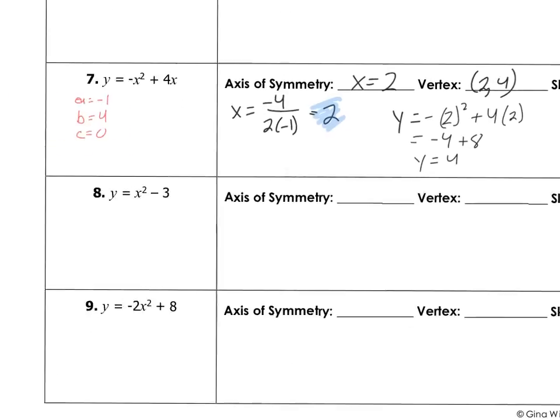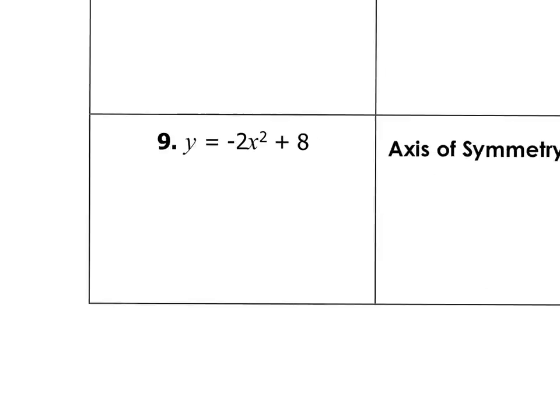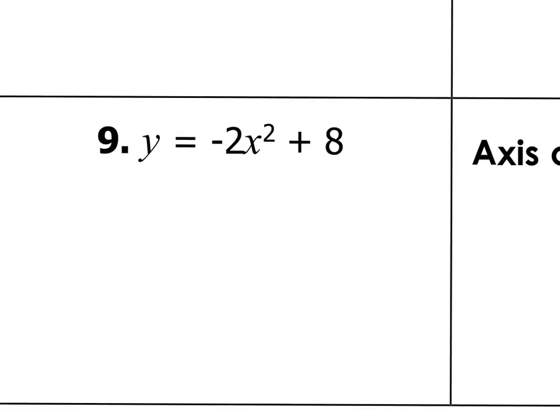Now, be careful with 8 and 9. I'll do 9, because I don't think I'll have time to do 8. If we label them, A is negative 2, but what is B? Remember, B is the number that's in front of x. Now if you look at this, there is no x.